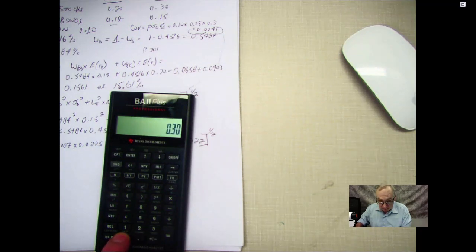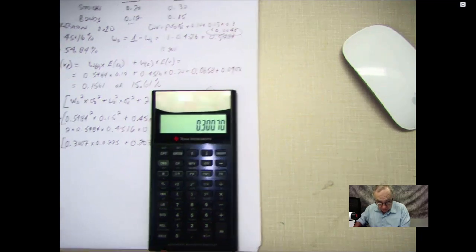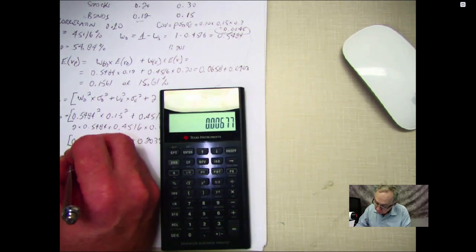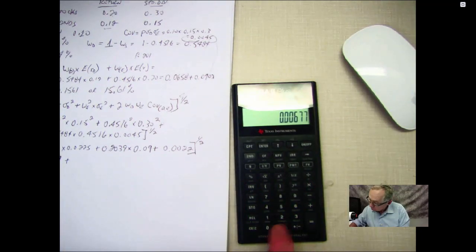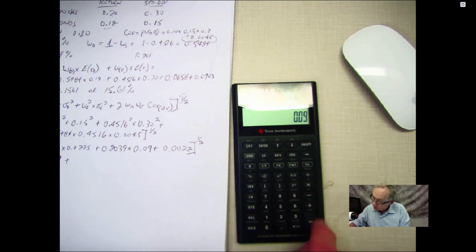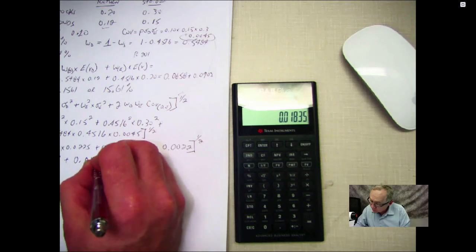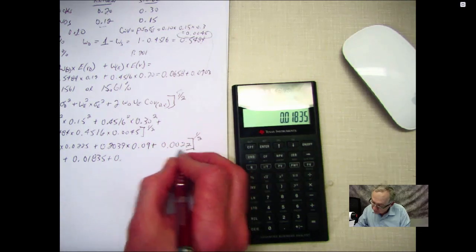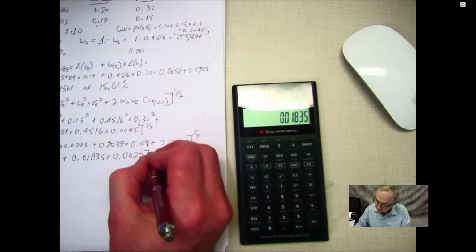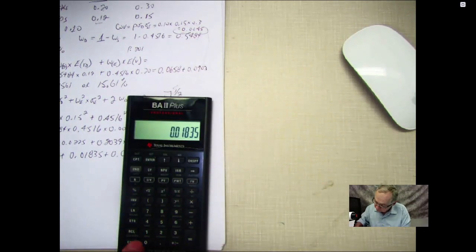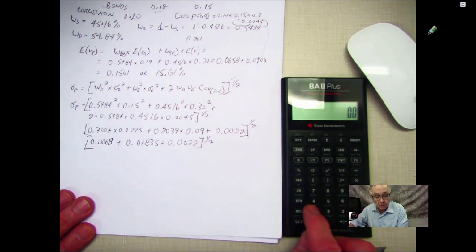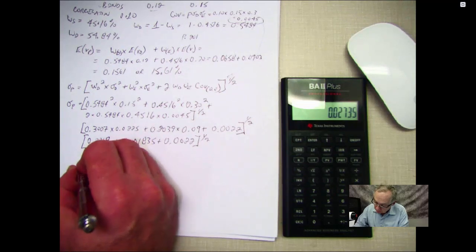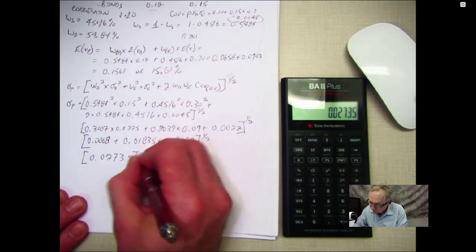So 0.3007 times 0.0225 is 0.0068, plus 0.2039 times 0.09, 0.01835, plus 0.0022, to the 1/2. 0.0068 plus 0.01835 plus 0.0022 gives us 0.02735 to the 1/2.